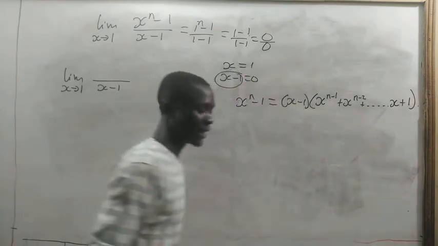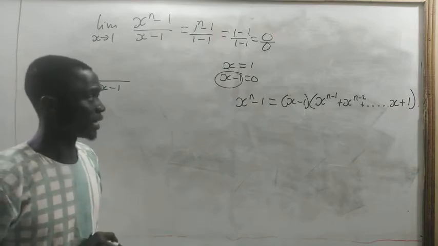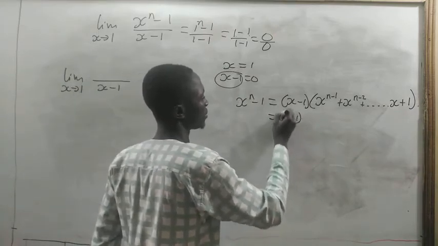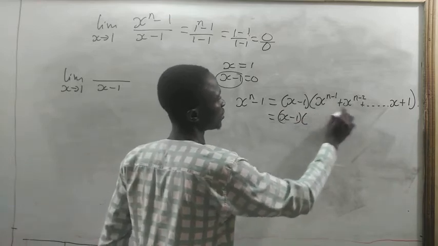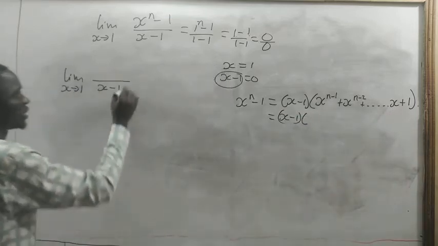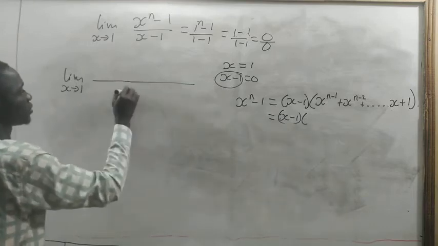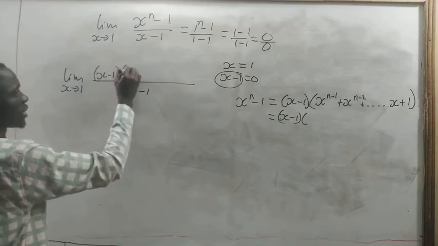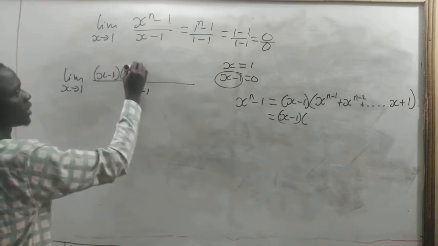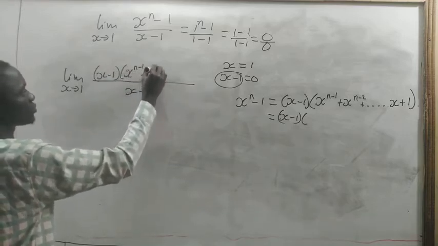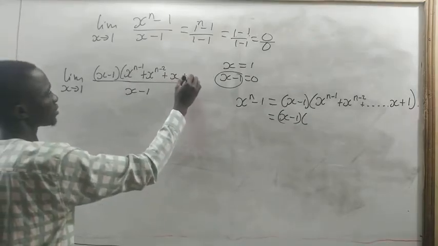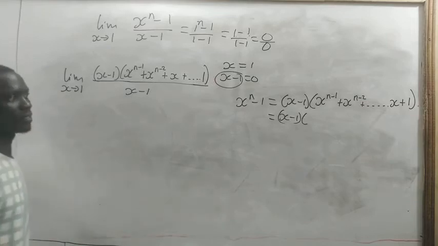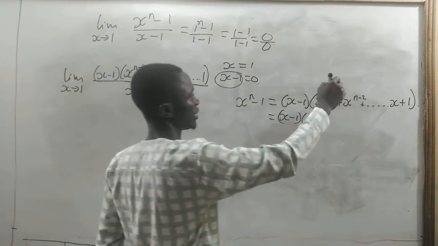Correct, that is how we expand it. So here we have x minus 1 times all this.